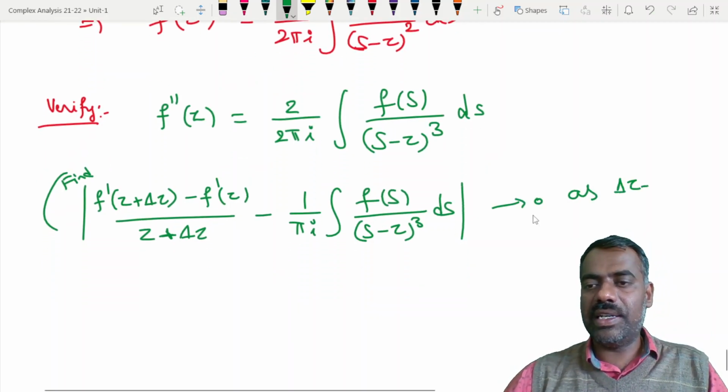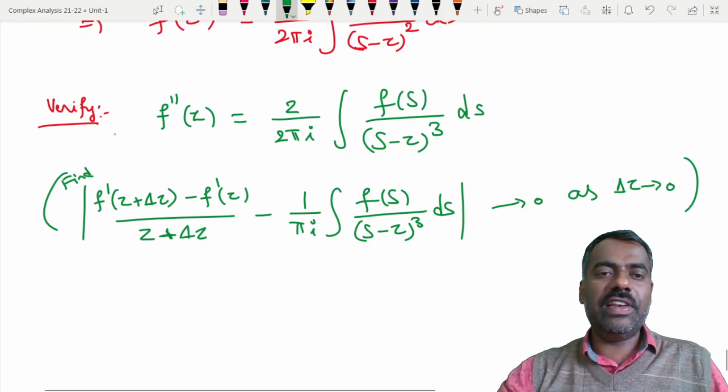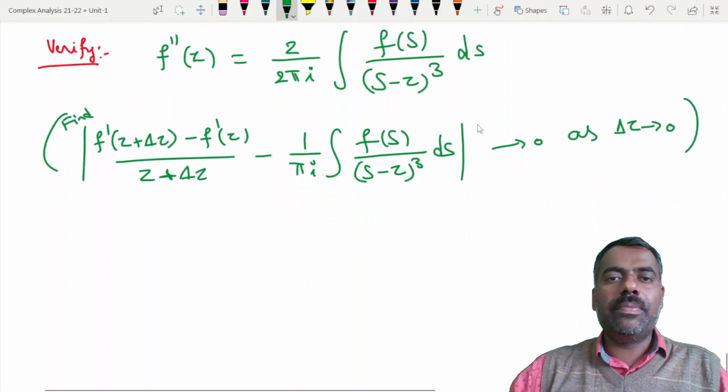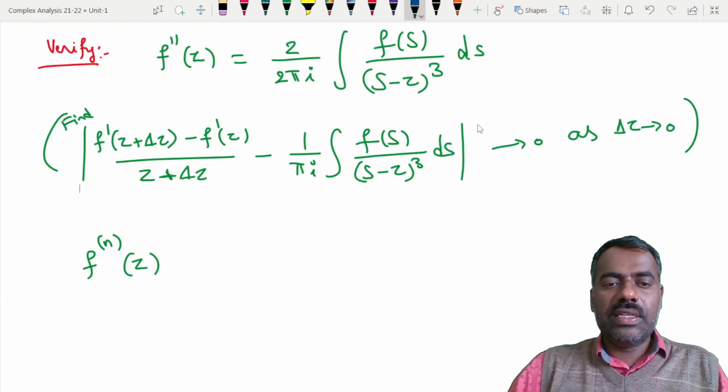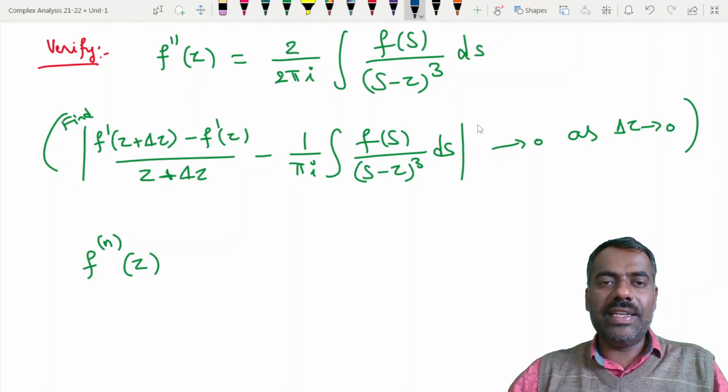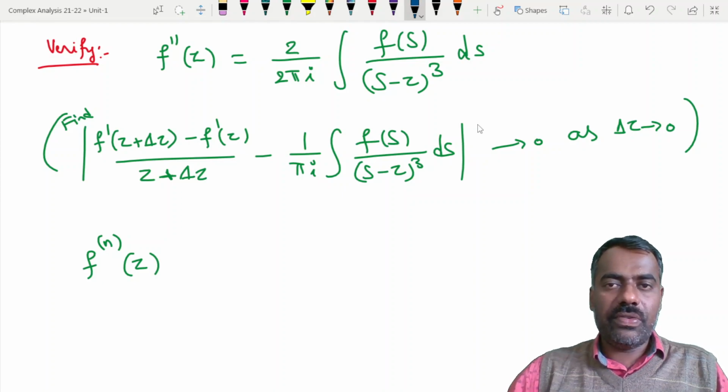As delta z tends to 0, then we will get this f double dash. By induction, the nth derivative f n of z, or if z naught is an interior point, you can replace it.